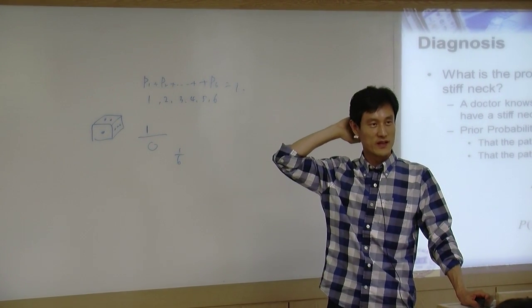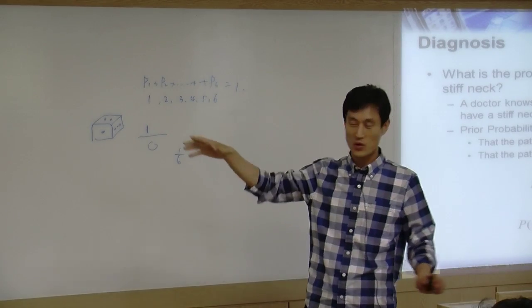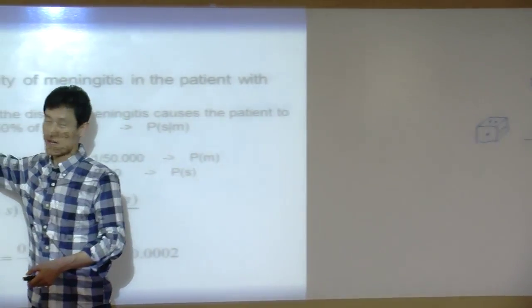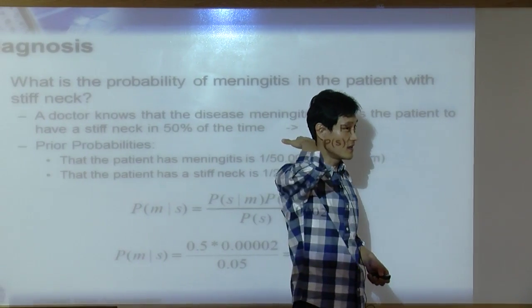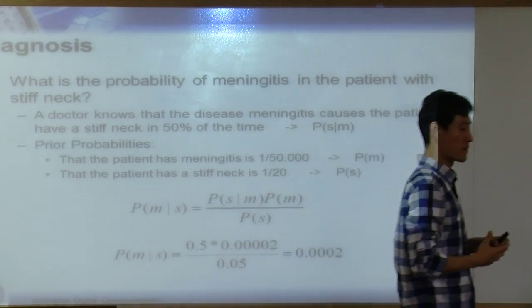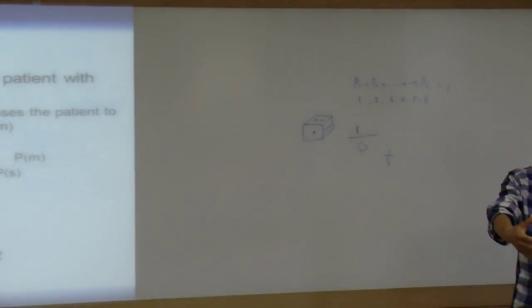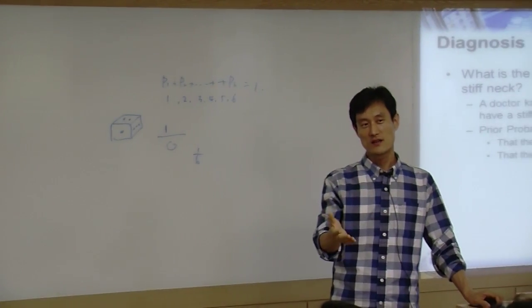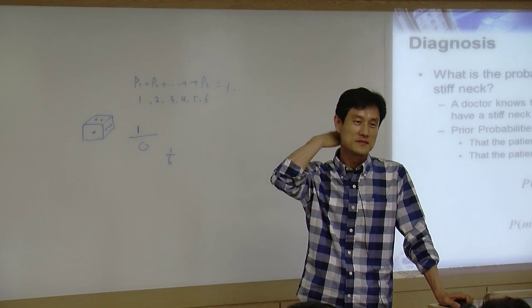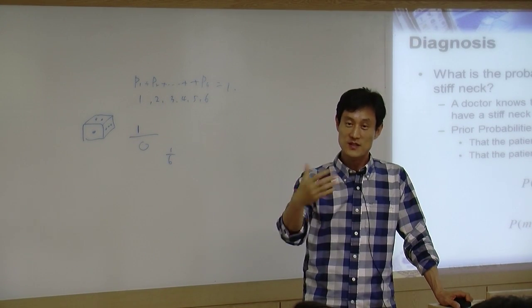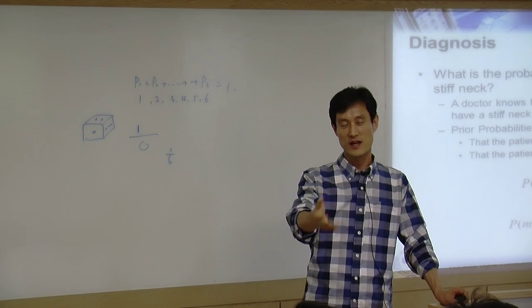But a stiff neck means that you have a stiff neck here, right? So let's think about this way. You're a doctor, a patient comes to you, and the patient says, oh, I have a stiff neck. That's the symptom that the patient will tell you.